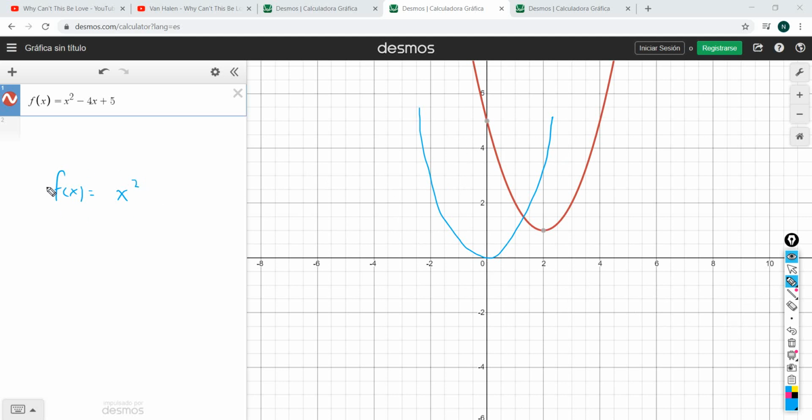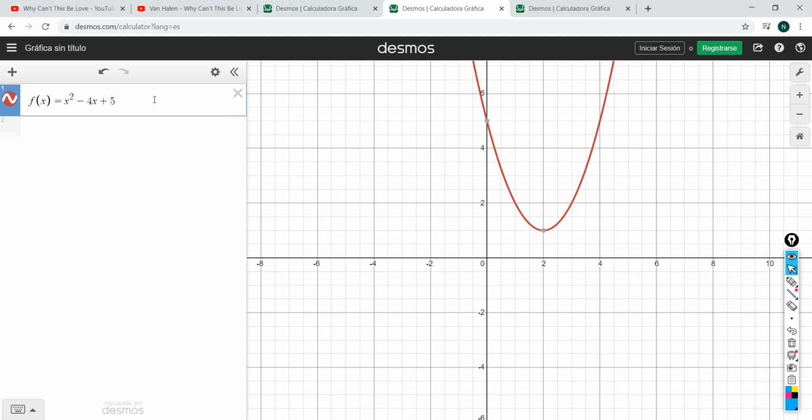And we usually take this one in order to explain translations, reflections, and so on, but it's not a necessity, okay? I can take any function, no matter how complex, okay? Any function whatsoever. So let's take f of x equals all of this stuff, and it looks like this.